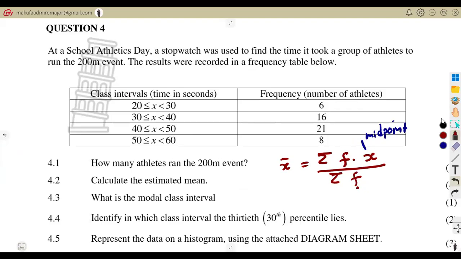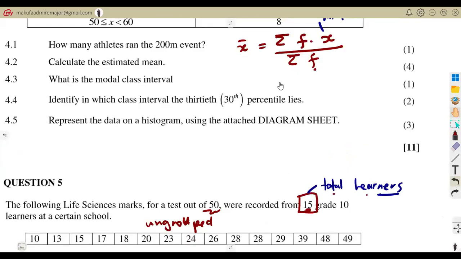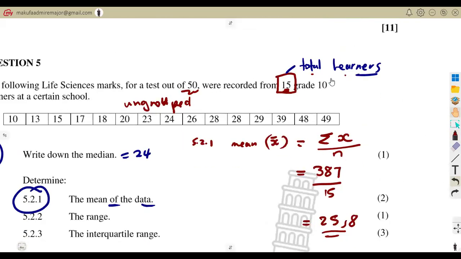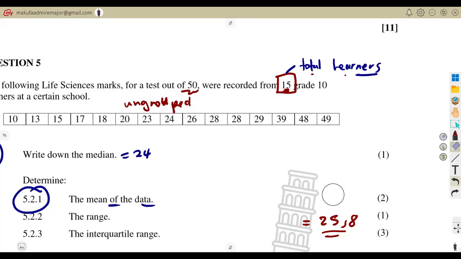It is the same as what we refer to as n, the sum of the frequency, like how many learners there are. So you just say number of learners, number of x values. So there are differences, grouped and ungrouped. You need to know your formulas and how to calculate those values.